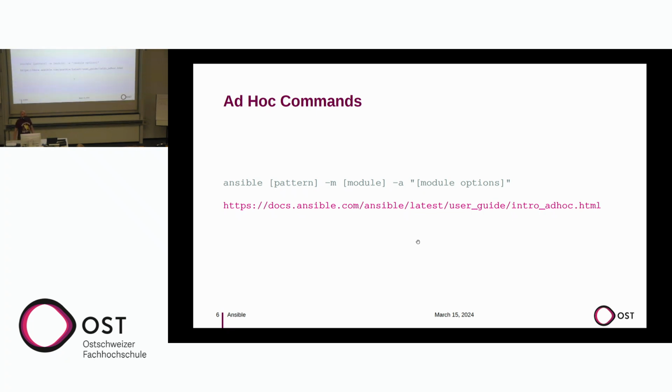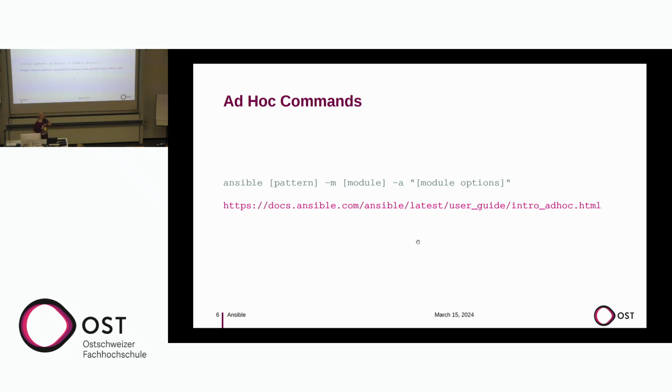Ad hoc commands are for when we just want to execute one module. For example, on our last working day, if we want to execute a reload in 200 seconds on all our devices, we could use this command. Maybe not the best idea. If you want to see where this MAC address is, you can also fire a command at the whole inventory at the same time.